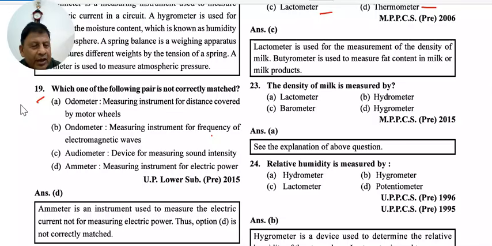Understand, अब देख लीजिए कि ये हमारा odometer, measuring instrument for a distance covered by motorways, is correctly matched. अब हमें निकालना है कि नोट करेक्टली मैच, ये करेक्ट है. ये नेक्स्ट है हमारा, odometer, measuring instrument for a frequency of electromagnetic waves.